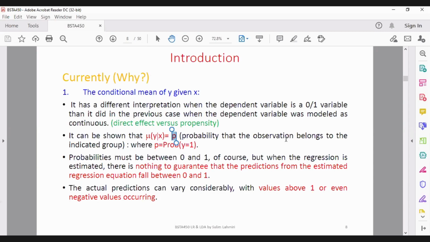And running linear or multiple linear regression to estimate these probabilities is misleading, because you may get probabilities larger than 1 or less than 0, when probabilities by definition should lie between 0 and 1, including 0 and 1. Any question?